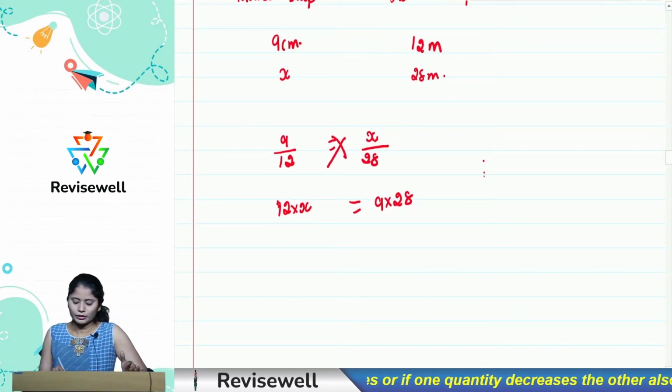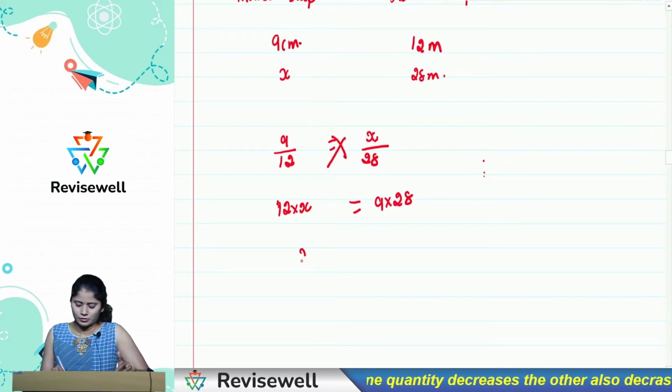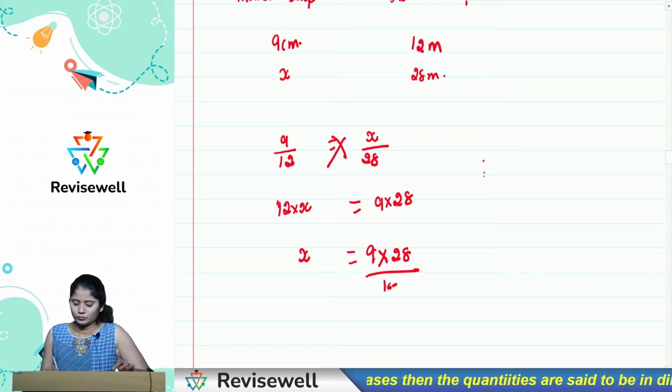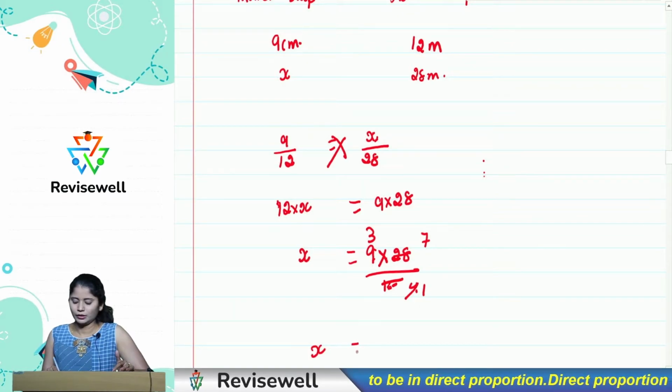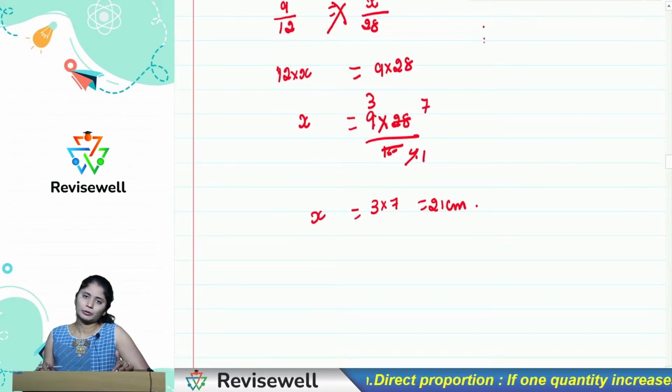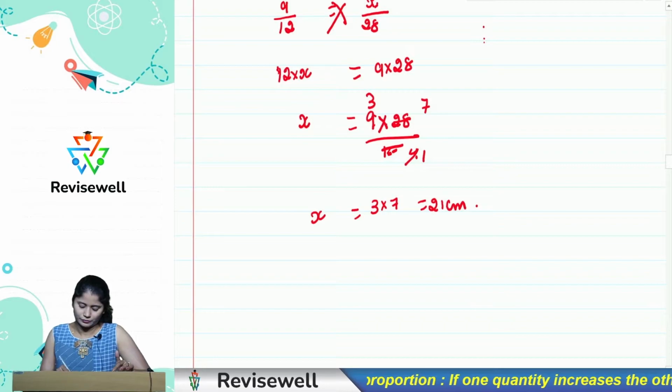So to get the value of x, x equals 9 times 28 over 12. 3 4s are 12, 3 3s are 9. 4 1s are 4, 4 7s are 28. So x will be equal to 3 times 7, which is equal to 21 centimeter. So the length of the model ship will be 21 centimeter.